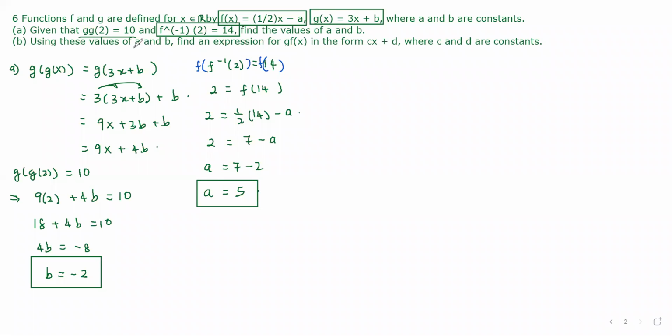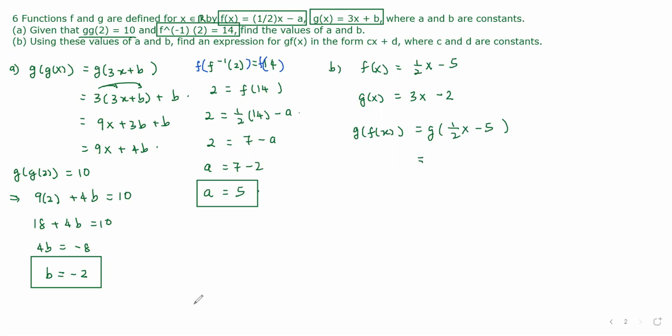Part B. Using these values of a and b, find an expression for gf(x). f(x) is one half x minus a, which is minus 5 here, and g(x) is 3x plus b, where b is negative 2, so you have 3x minus 2. You need to find g of f(x), so you have g of (one half x minus 5).